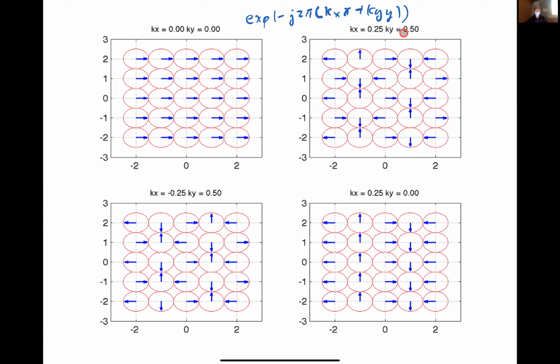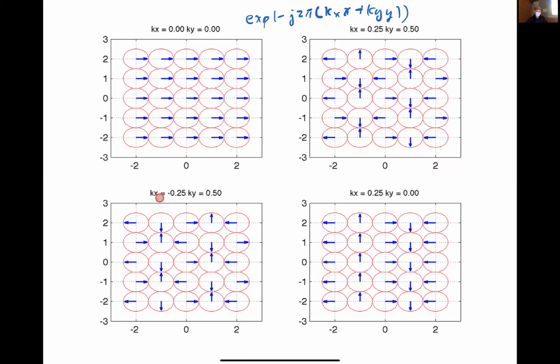Same thing for Ky equals 0.5: if I move 1 step, I go clockwise. But since the phases are going by steps of 180, I can't really tell. So this could be plus or minus 0.5 given this diagram. It's ambiguous, because you can't tell 180 from minus 180. If you ever see that, then you just say it's ambiguous.